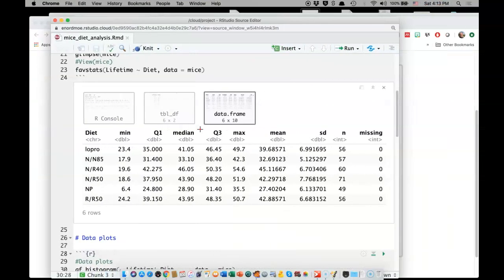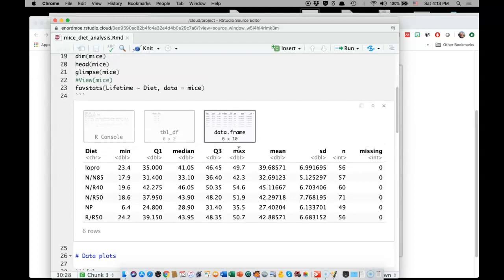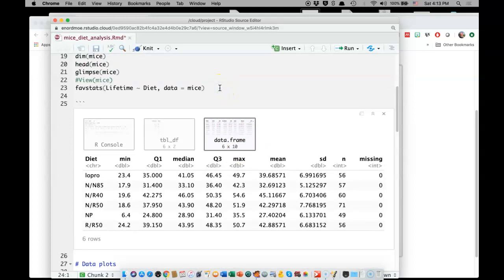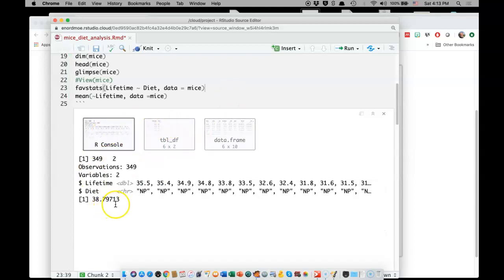I'll give you the overall result. But the overall mean that we could get, and I guess I should do it for you so that you believe me, we could do mean of lifetime data equals mice, and let's just go ahead and run all these lines, and we get 38.797.